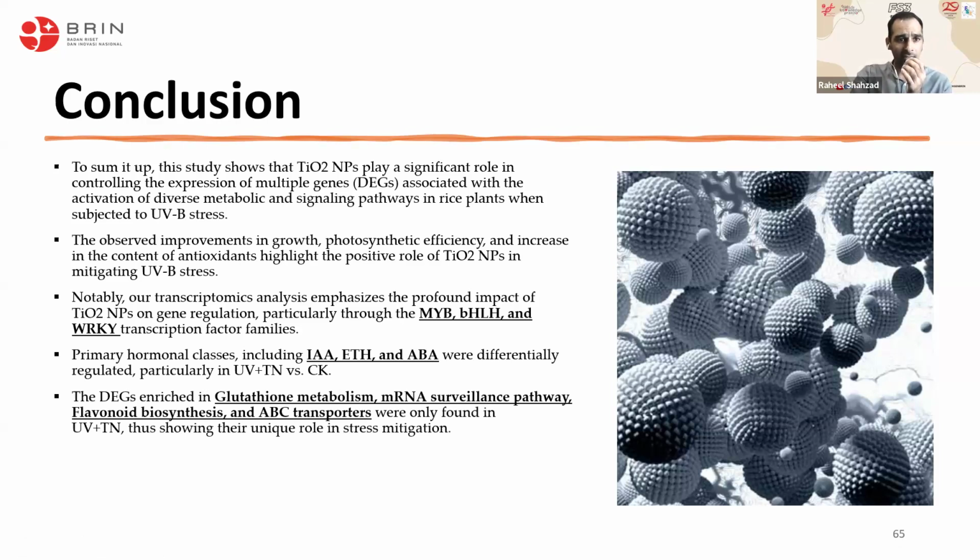And finally, the DEGs in glutathione metabolism, which we also confirmed by measuring their pathway enzymes and further confirmed in the RNA-seq, are very interesting candidates that could have a very positive role in enhancing UV tolerance in rice.